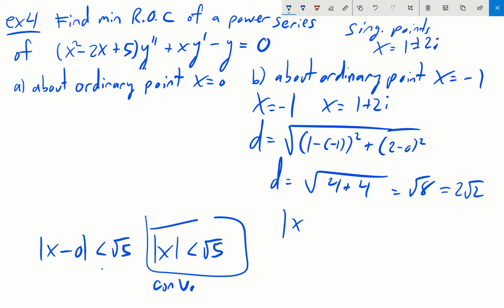So our other power series would at least converge, the distance from x to the ordinary point -1, that's x minus -1, will at least converge as long as the distance is less than 2 square roots of 2.